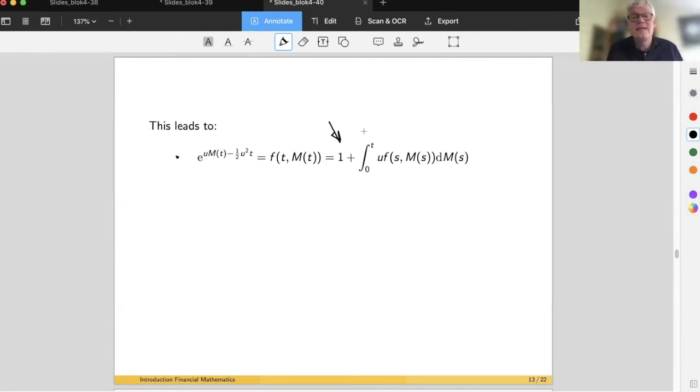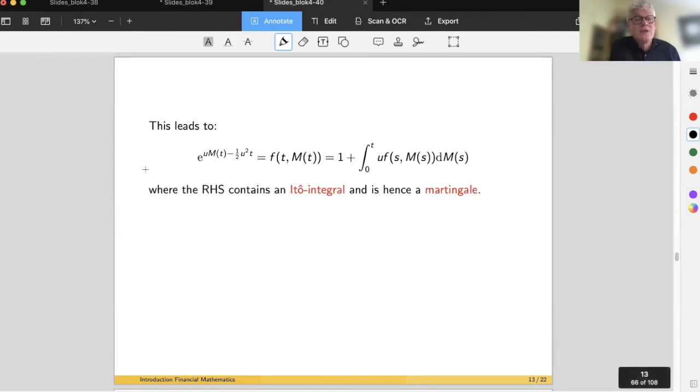And that is an Ito integral with respect to the martingale m. So the right-hand side here contains the Ito integral and hence is a martingale.